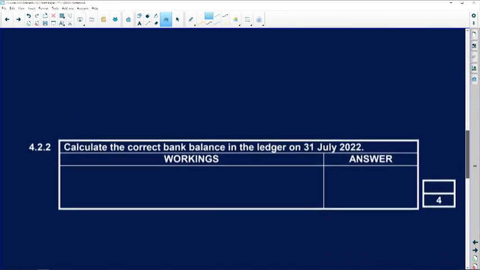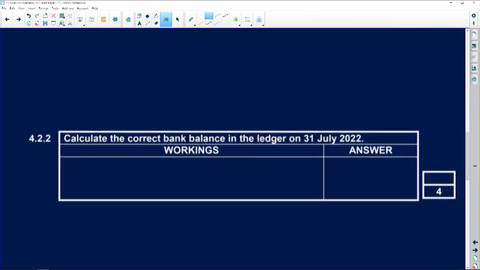Okay, the next part of the question, calculate the correct bank balance in the general ledger on the 31st of July 2022. So guys, remember, you can always draw a T account or you can show a calculation. I'm going to do the T account because for me, I always enjoy the ledgers. Right, so bank, let's start with our opening balance at the beginning of July.